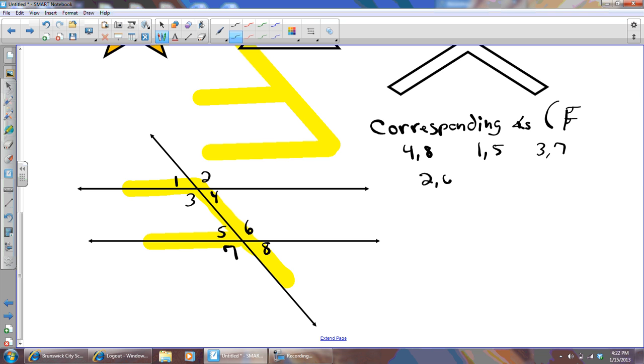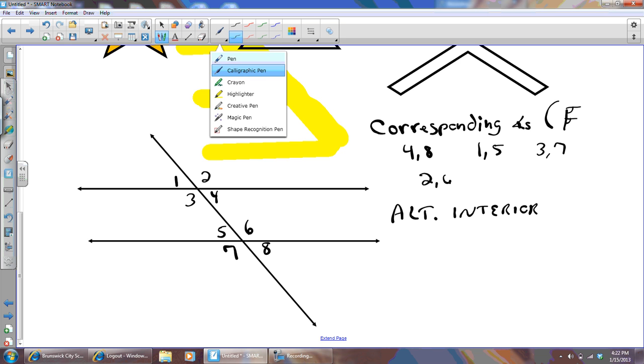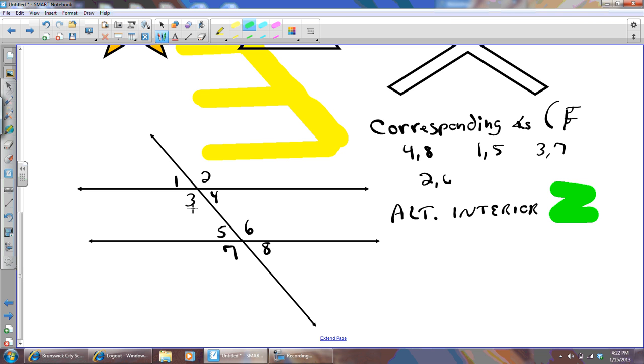All right. Now, there's alternate interior. Alternate interior angles make a Z. Let's go and find a Z, and we'll do those in green. Z, right?